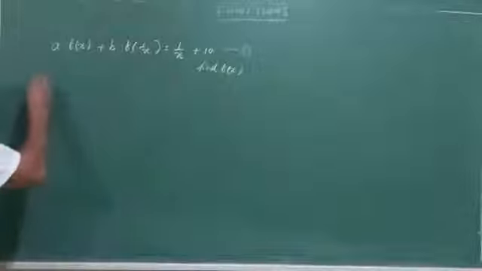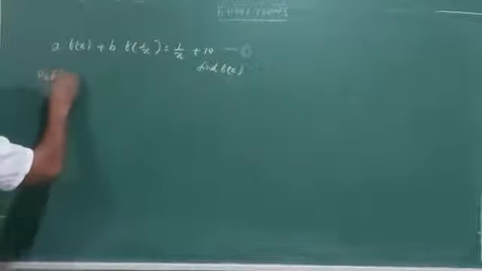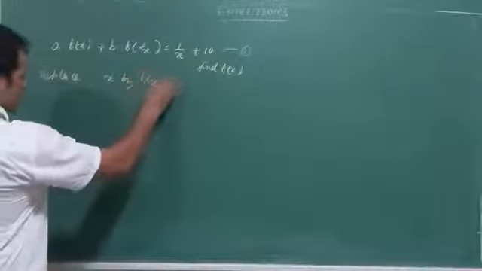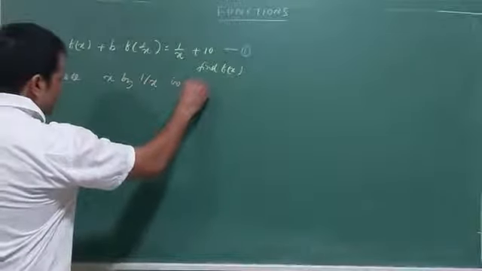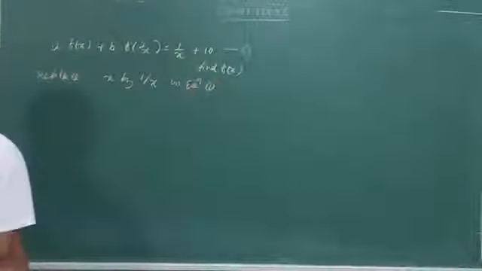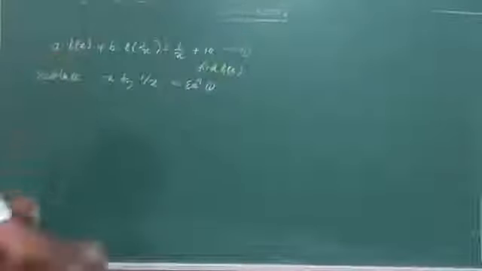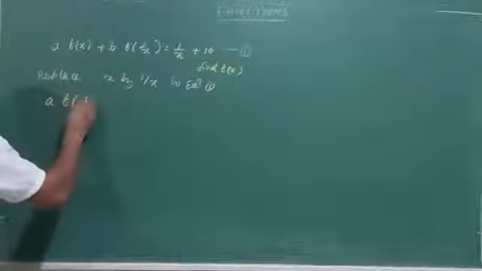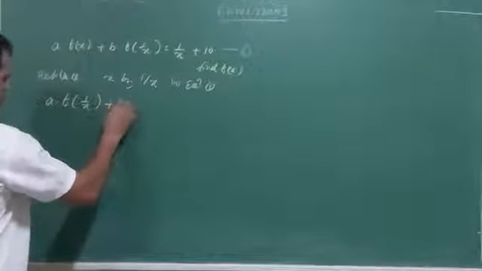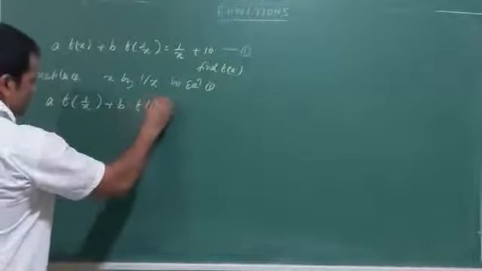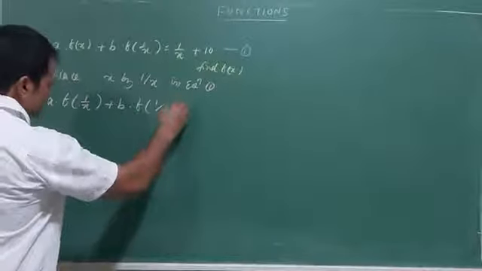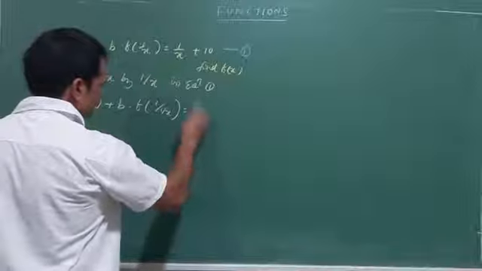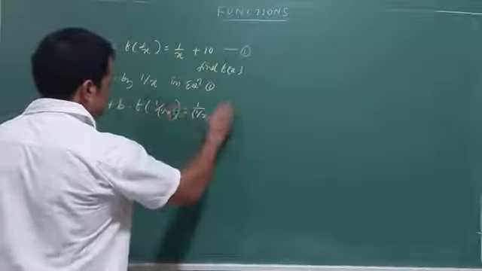Then replace x by 1/x in equation 1. Wherever x is there, replace it by 1/x. a·f(1/x) + b·f(1/(1/x)) equals 1/(1/x) + 10.